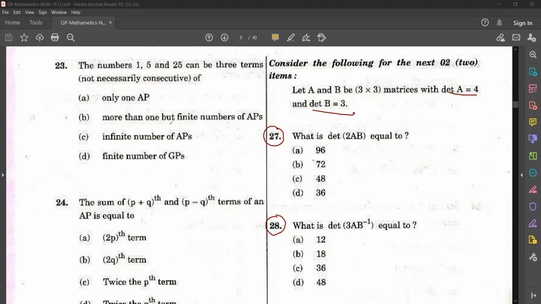So direct question. Okay, I'll give you the formula to use. What is determinant of KAB? Determinant of KAB is equal to K raised to N determinant of A into determinant of B, where K is a constant and N is the order of the matrix.